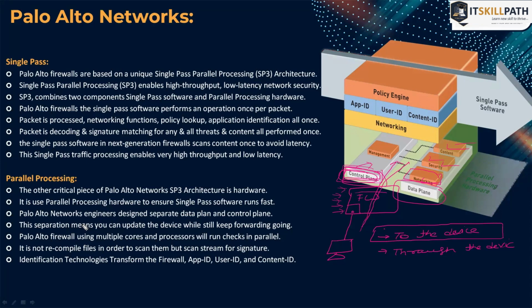What is the benefit of two separate planes? Let's suppose some attack happens on the firewall, meaning the organization. Let's suppose a DDoS attack happens, then there is some interruption and your data plane is not working correctly. Since we have two separate planes, we can still access the firewall and create a policy.